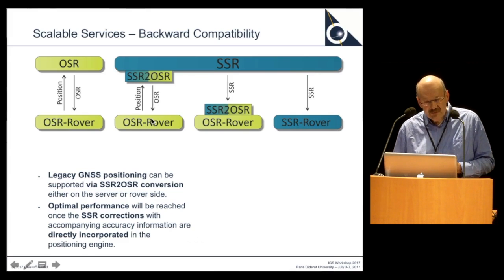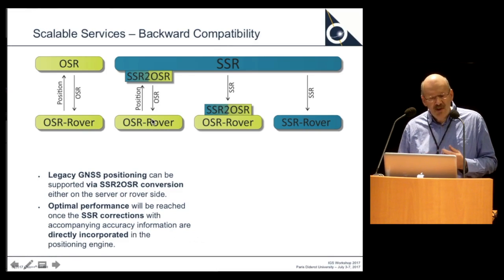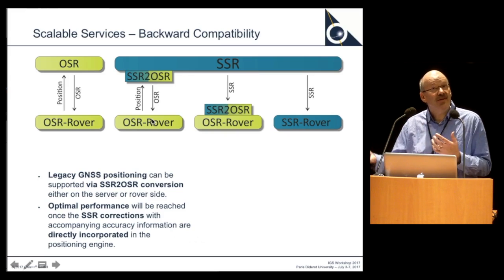Or you can do the conversion at the rover side. Or in the future, you will directly apply the correction. This is somehow a little bit of a paradigm change in thinking, but at the moment, the most feasible way is that you convert SSR back to OSR and feed it to your algorithms, which are already there on the rover.